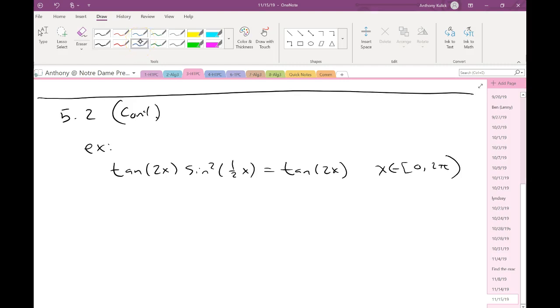What's the first thing I'd want to do to try to solve this equation? What do you guys think? Divide by what? Divide by tan of 2x.